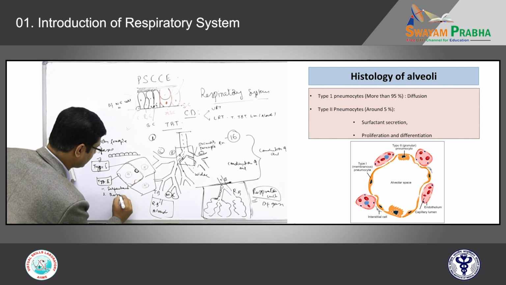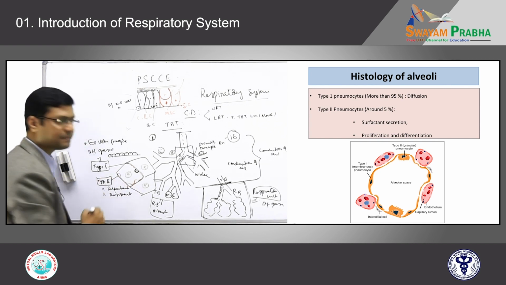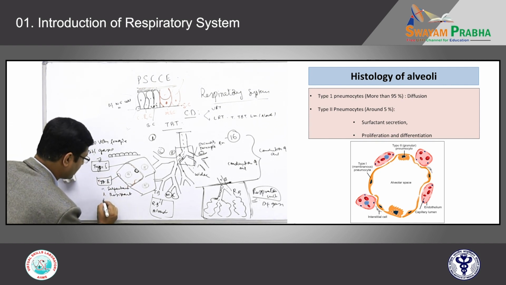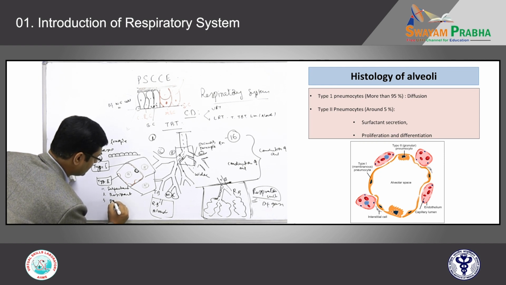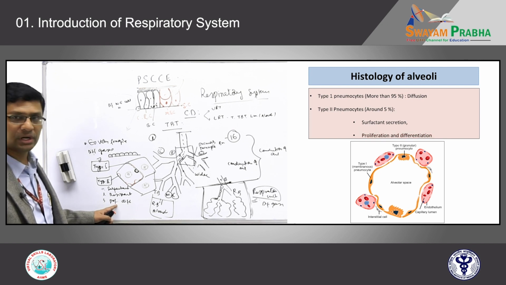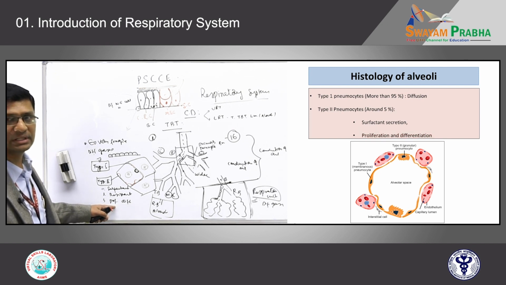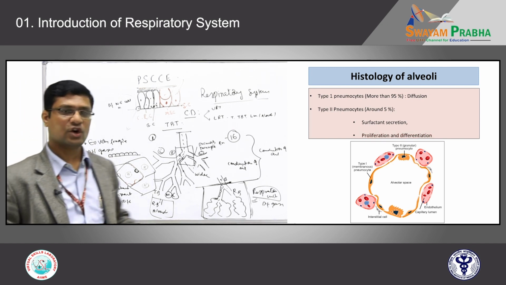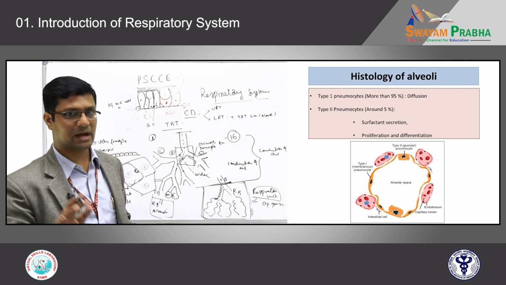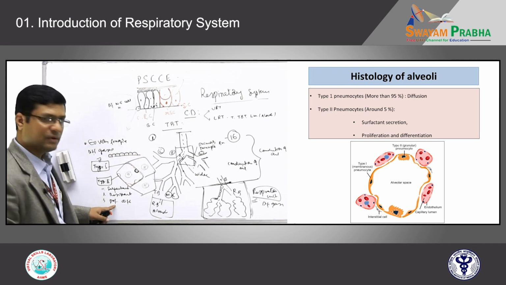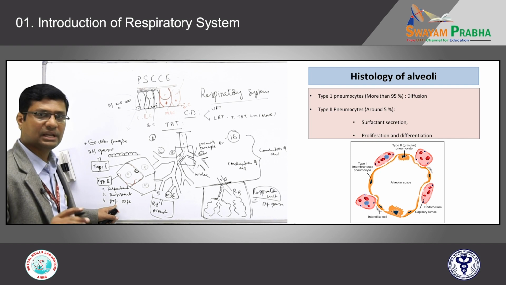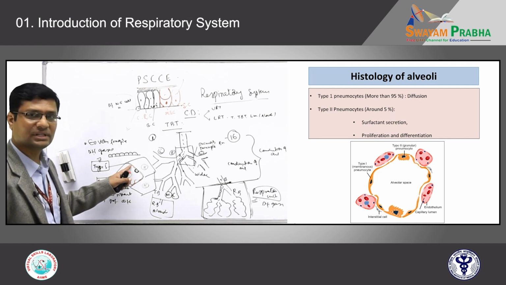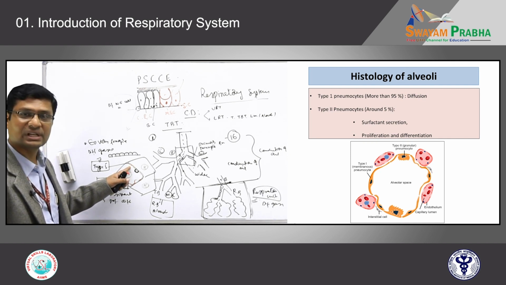They will not die so easily. And third main function, they have the capacity of proliferation and differentiation. This is very important. They also act like stem cells. I will tell you one thing: whenever you inhale a toxic injury or whenever there is any kind of damage to the lung, the first cell which dies is the type 1 cell.